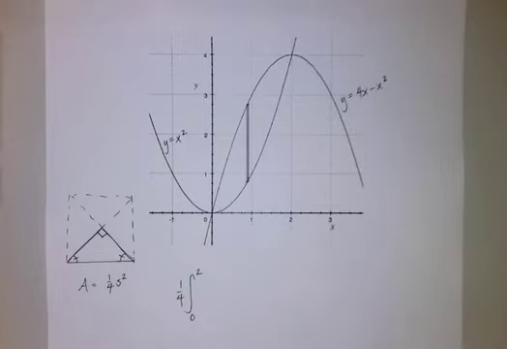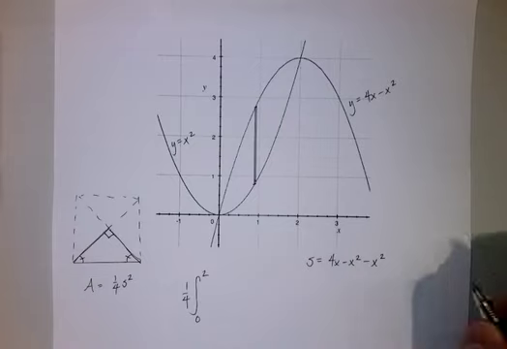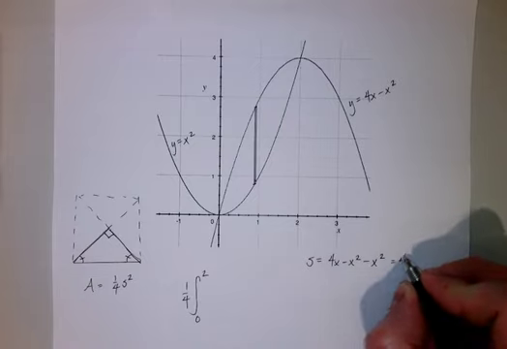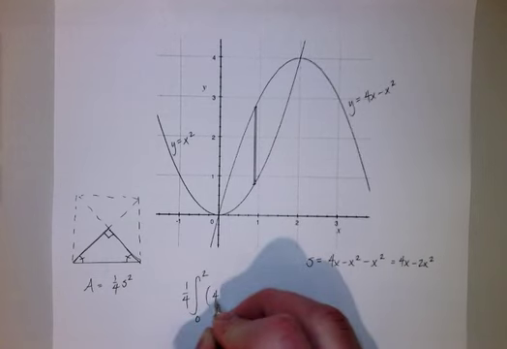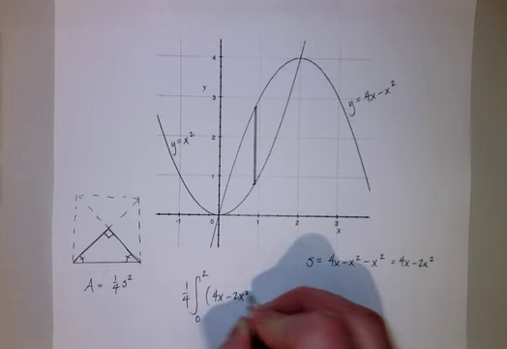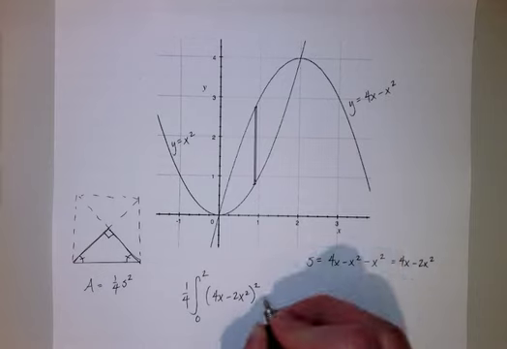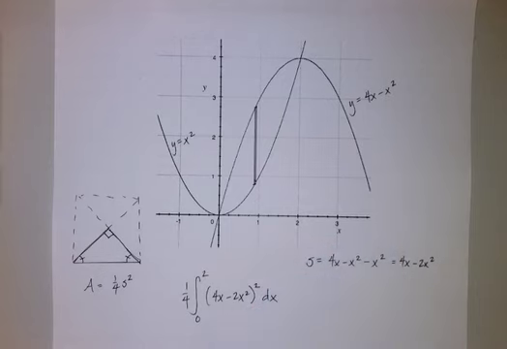1/4, that constant I'm going to put out in front. And then my s is obviously my top function, which is the downward facing parabola, minus the bottom function, which is my upward facing parabola, or 4x minus 2x squared. 4x minus 2x squared squared dx.